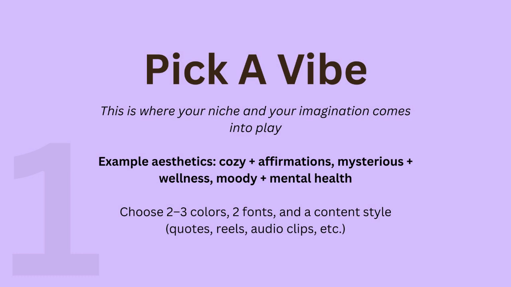Pick a mood, mental health, whatever you want to talk about. Think of that, and then think of the vibe that you want to give your audience. You can even get down to thinking of the colors and all those things too. The content style. That's the first step that I would say.